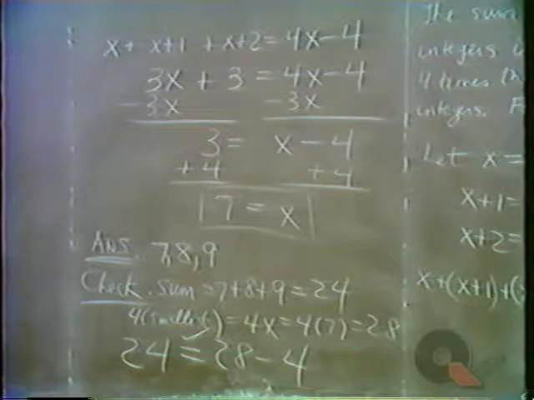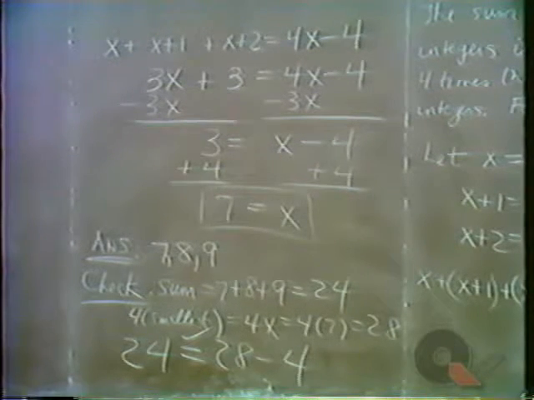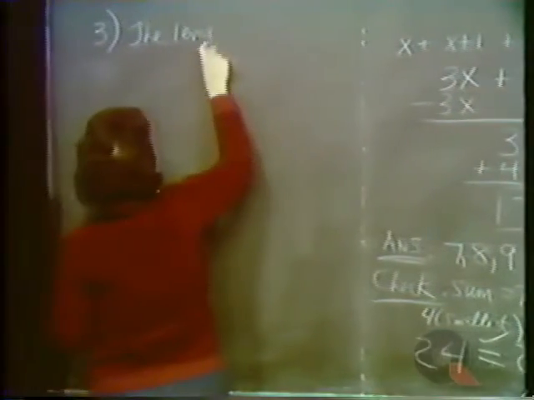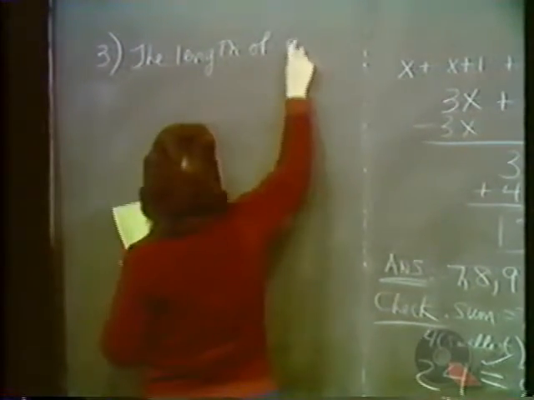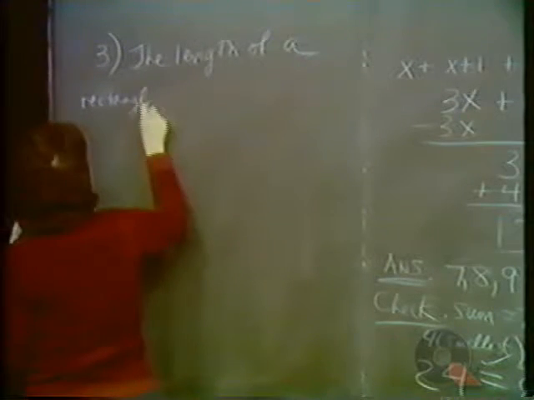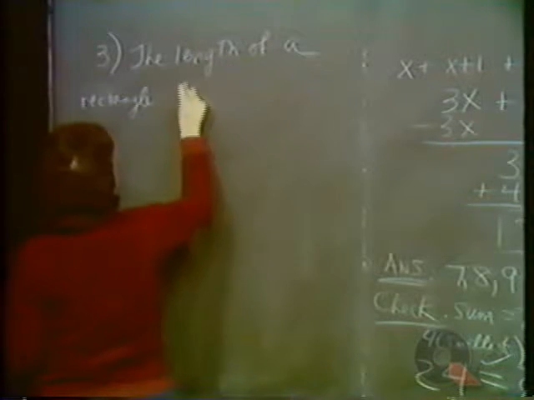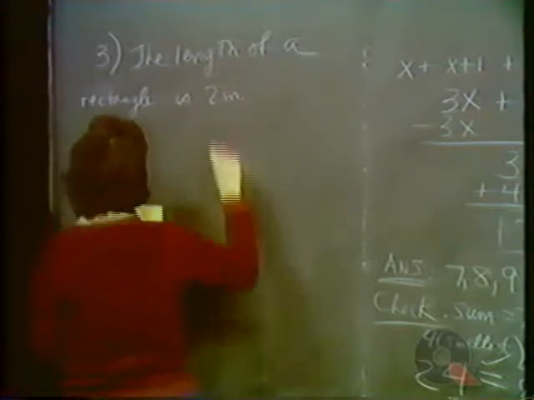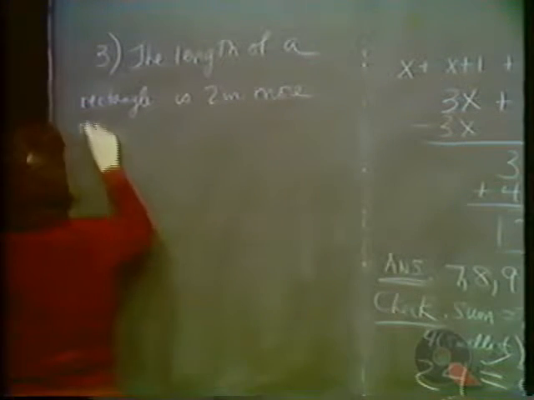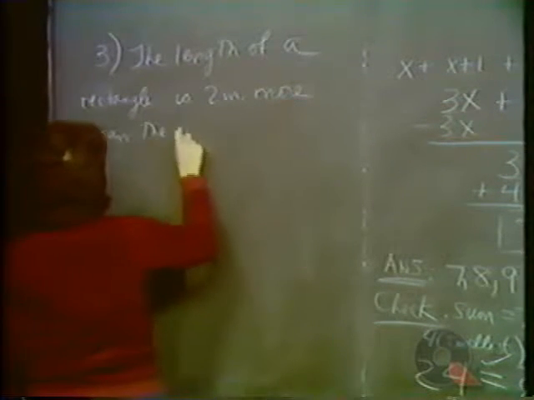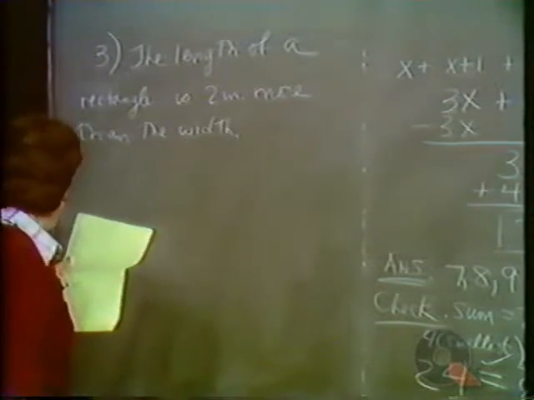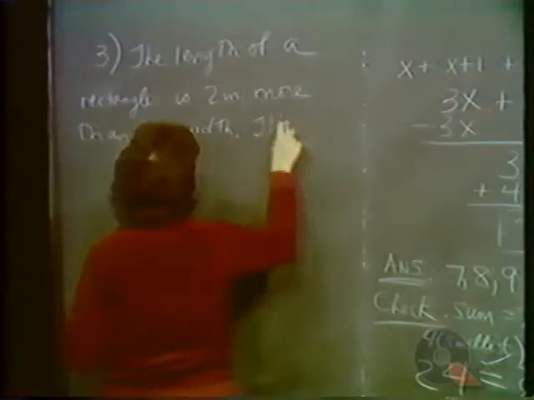For our third problem, we're going to do a perimeter problem. The length of a rectangle is 2 inches more than the width. The perimeter is 24 inches.